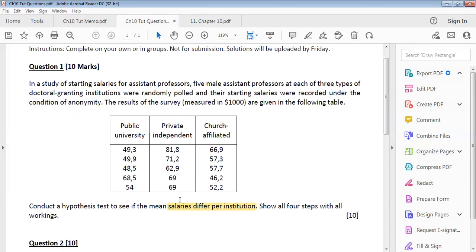The alternative is what we want to find out. So we want to reject the null hypothesis that they are equal. We want to find if they are not equal, which is the alternative hypothesis. So for the alternative hypothesis, you say that at least one differs. Okay, so that's our step one.